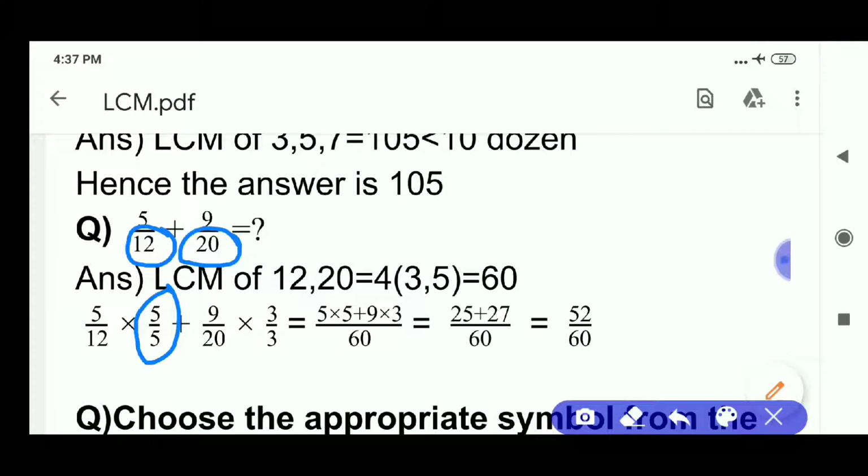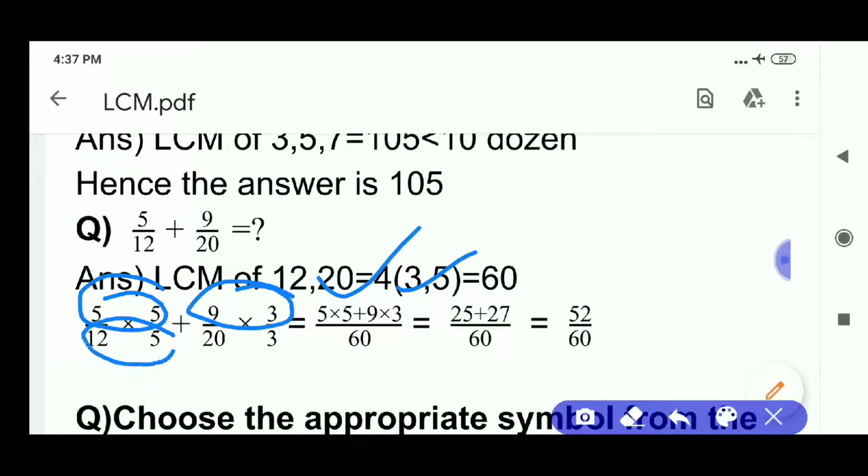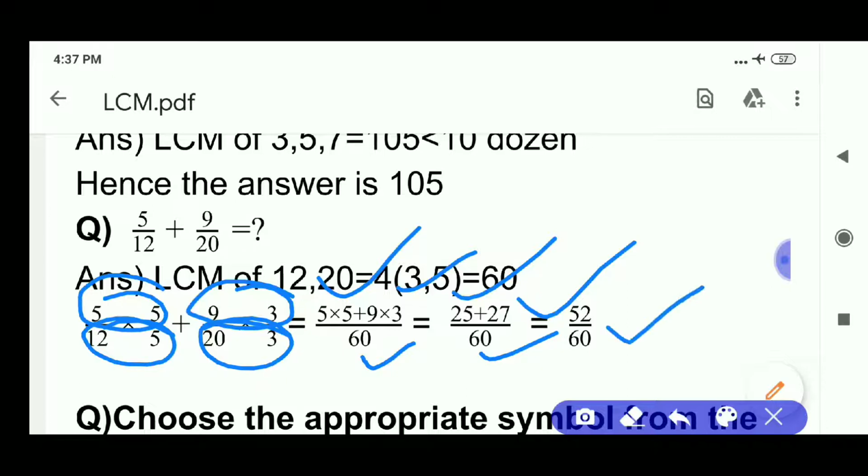So I multiply both numerator and denominator with 3. So it becomes 5 into 5 plus 9 into 3 by 60, since the denominators are the same. That means it is 5 into 5, 25, plus 3 into 9, 27, by 60. Its answer is 52 by 60.